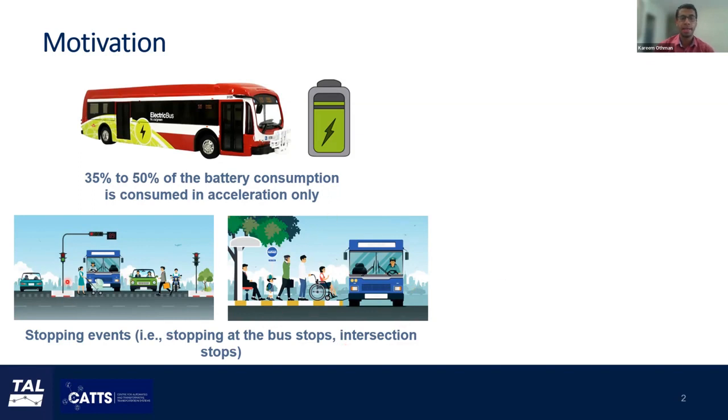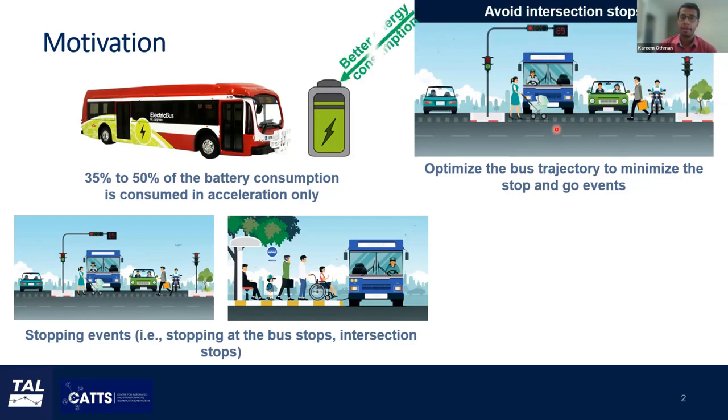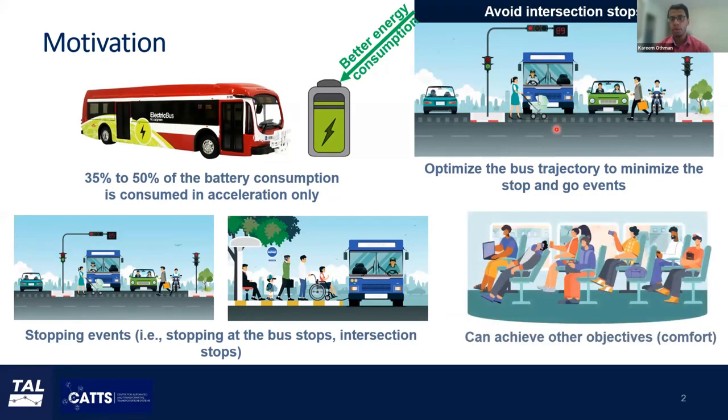What we can deal with is stopping at the intersection. So our main objective in this study is to optimize the bus trajectory to minimize the number of stop and go events. In other words, we are trying to avoid or minimize any intersection stops, and in turn, we are achieving better energy consumption. A second objective that can be achieved from avoiding intersection stops is improving the level of comfort for transit users.